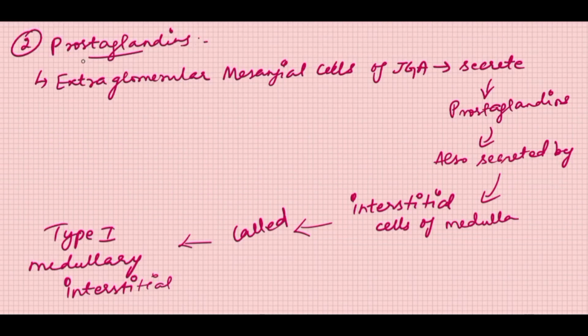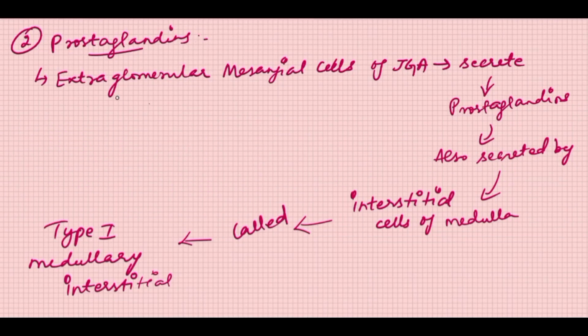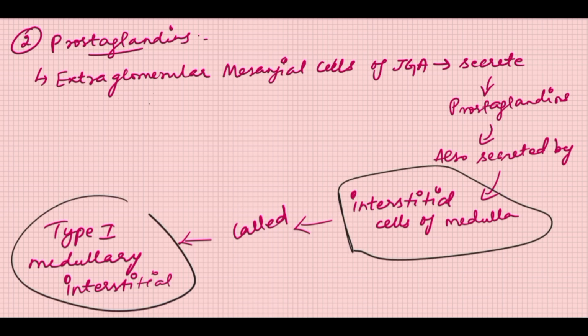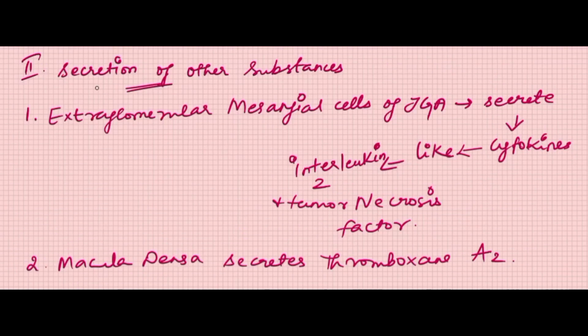Second hormone is prostaglandin, produced in the extraglomerular mesangial cells of the juxtaglomerular apparatus. Prostaglandin is also secreted by the interstitial cells of the medulla, called the type 1 medullary interstitial cells. Second one is the secretion of other substances. Extraglomerular mesangial cells of the juxtaglomerular apparatus secrete cytokines like interleukin-2 and tumor necrosis factor.